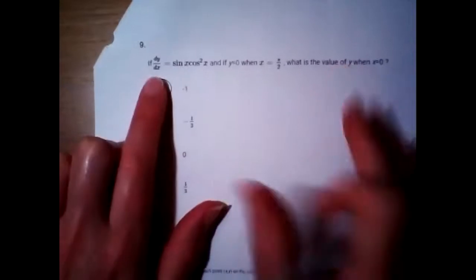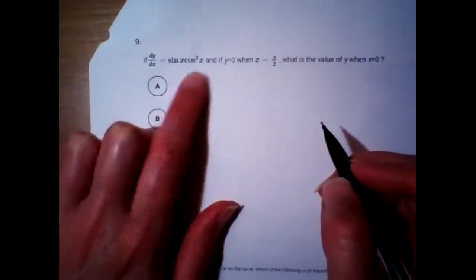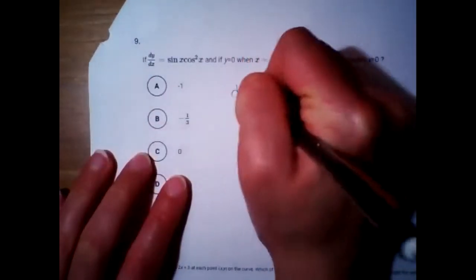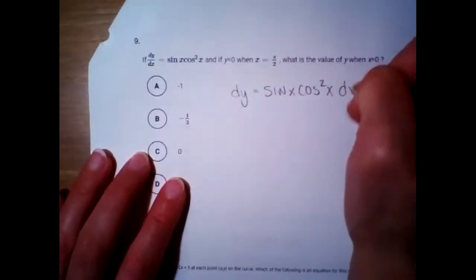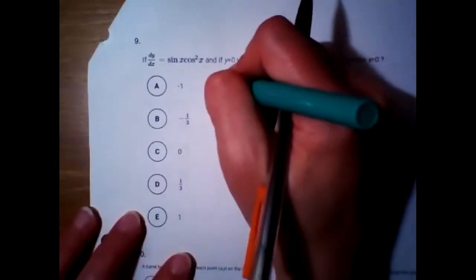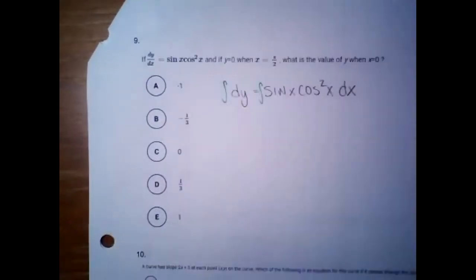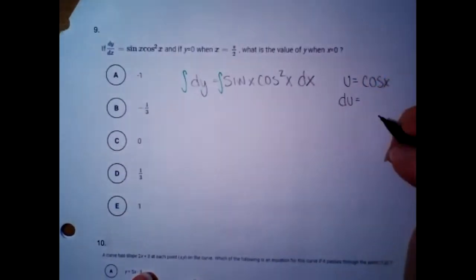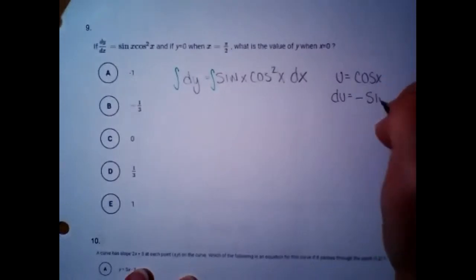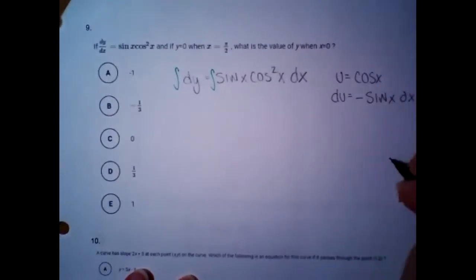All right, number 9, to separate the variables, we're just going to multiply over the dx. And for this one, we're going to need to do a u substitution. So I'm going to let u equal cosine. So the derivative of that would be -sine of x dx.